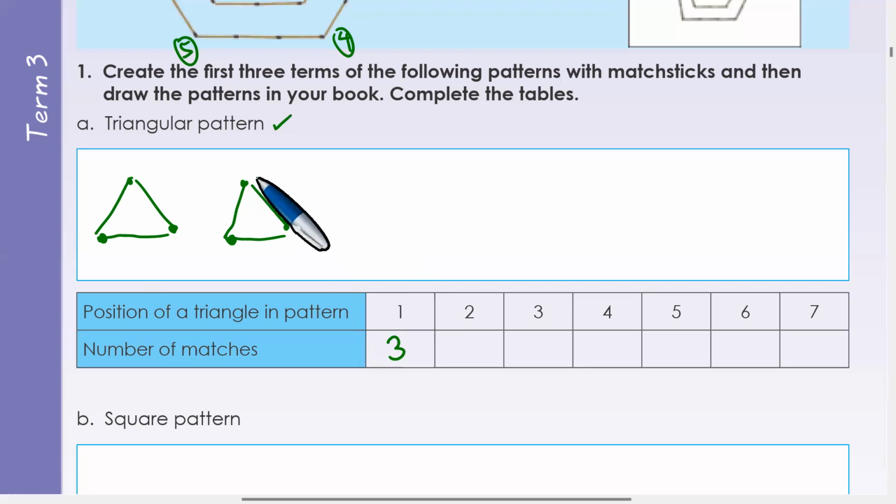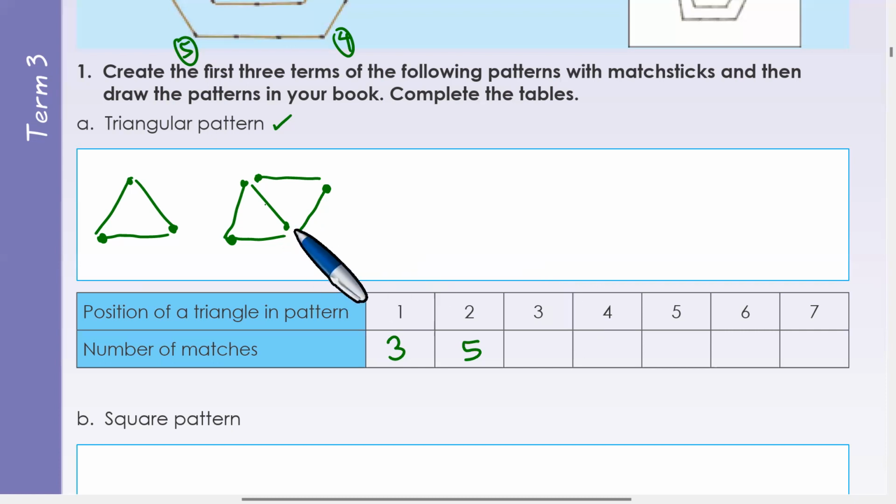The other triangle is going to have a match here, and also a match here. So how many matches are there? 5. There are 5. What will the next one be? 7. Okay, that's very well done.